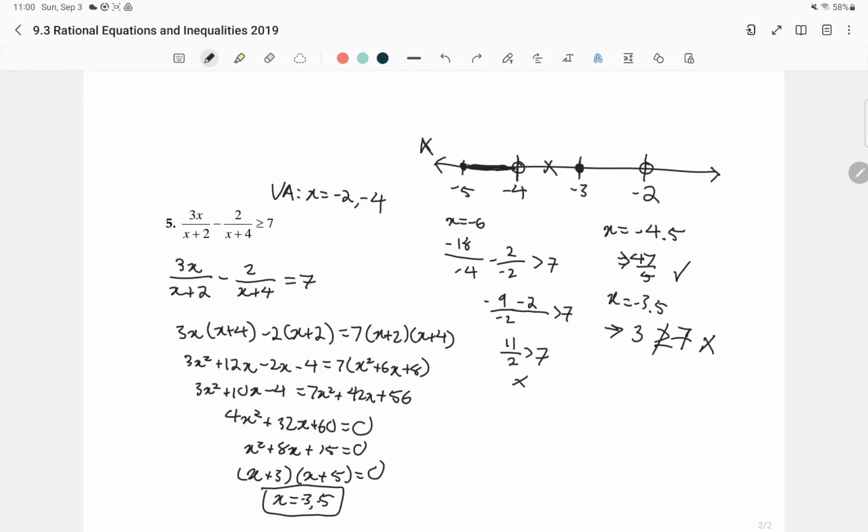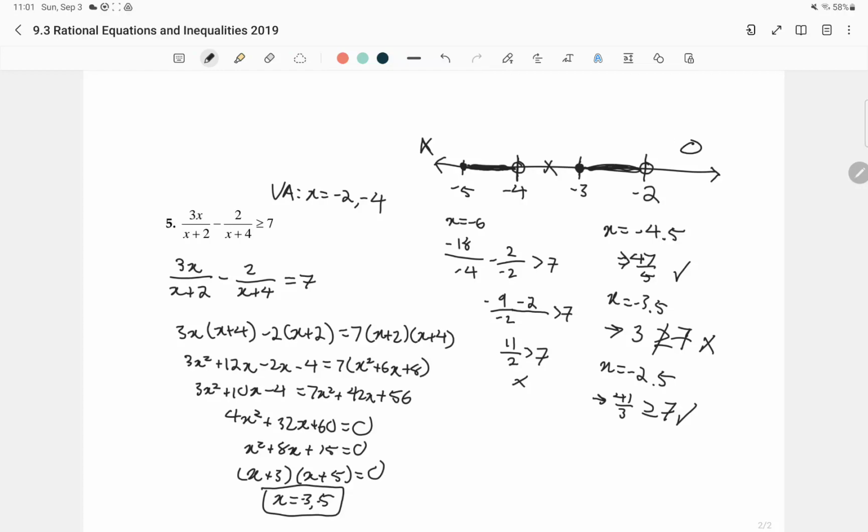Next one we have to check is up here. So we have x equals -2.5. Plugging into the calculator again. This gives us 41 over 3, which indeed is greater than 7. So we have values here.